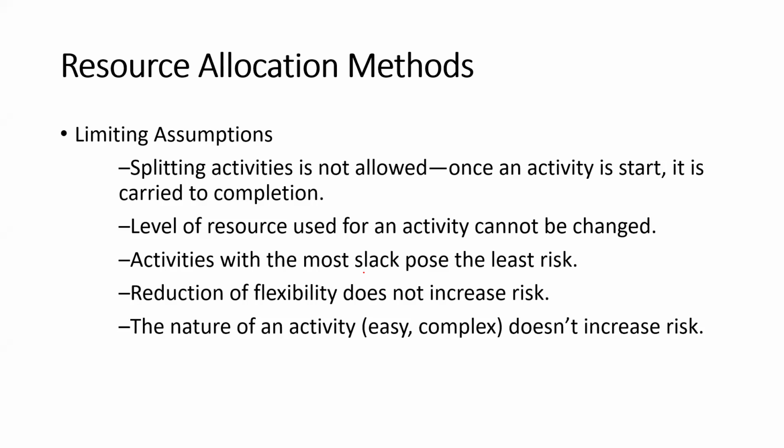For example, in the same example, activity A has a slack of 2. That means activity A can be delayed for 2 days. If I take activity C, it has 10 slack, which means it has 10 more days it can be delayed.